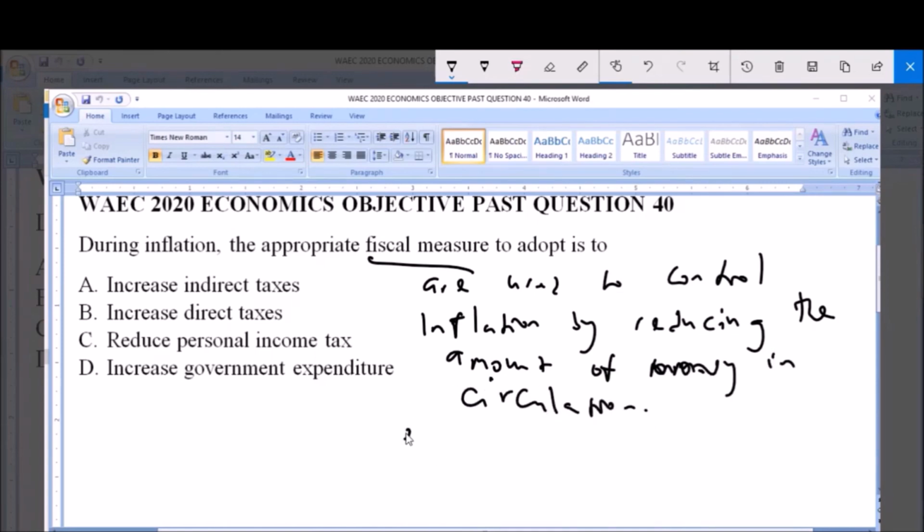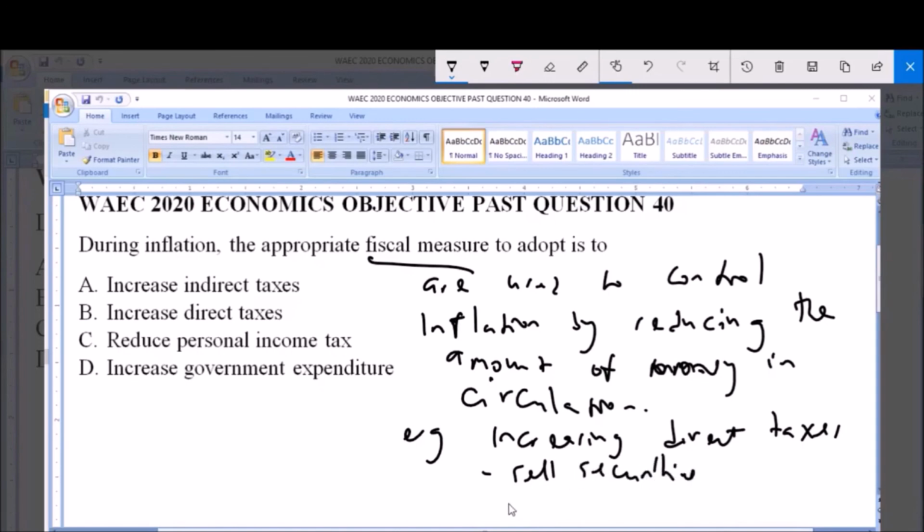And one of these fiscal measures includes increasing direct taxes.